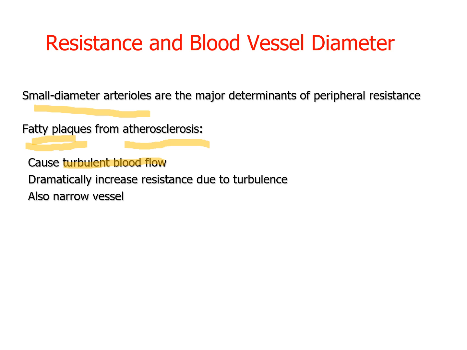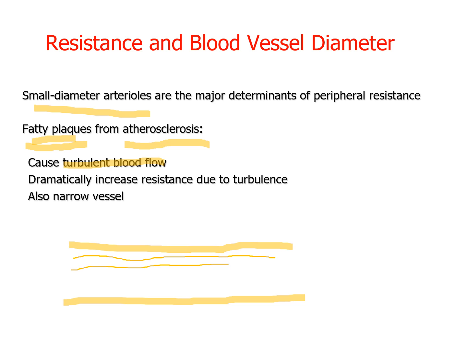which is a problem because that causes turbulent blood flow. When things are working properly in a blood vessel, blood flow is laminar. You have very straight laminar flow. That means there are all these layers of blood going from the wall and inwards, all flowing smoothly, not turbulently, through the blood vessel.